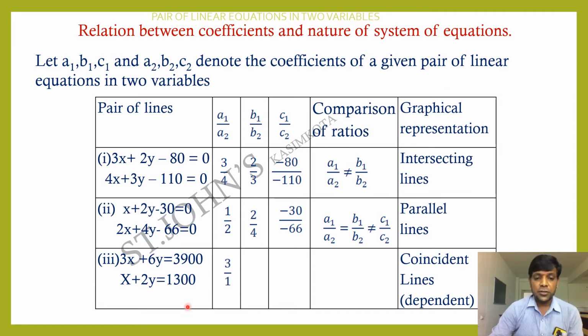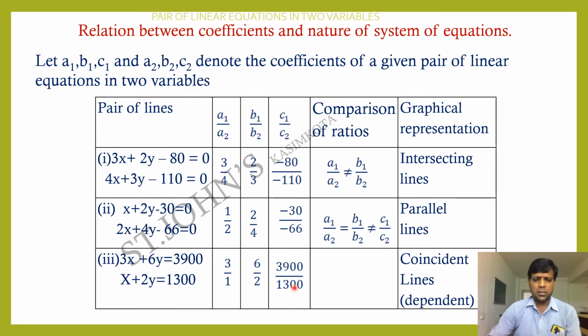So a1 by a2 is 3 by 1, b1 by b2 is 6 by 2, which is also 3 by 1, and c1 by c2 is 3900 by 1300. Cancelling two zeros, 13 ones are 13, 13 threes are 39, so that is also 3 by 1.